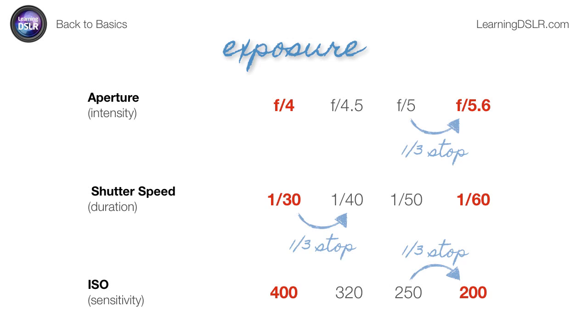So if I go from f5 to f5.6, that's 1 click, that's a 1/3 stop, and that would let in less light. Now, if I wanted to do the same thing on shutter speed, I could go from 1/30th to 1/40th, again with just 1 click. And ISO, it's the same thing, 250 to 200, 1 click. So you almost don't even need to look at the settings.